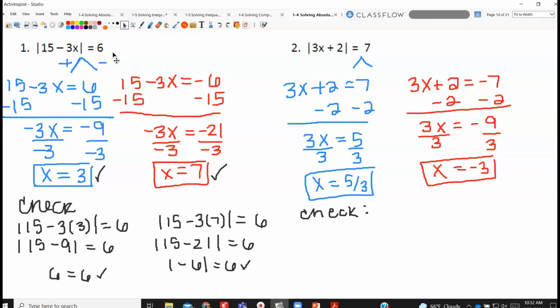I think so, like the 15 minus 21, yes, is negative 6. That's what's happening right here. However, it's inside the absolute value because those are part of the original equation. So after you get that negative 6, the absolute value of negative 6 is 6.